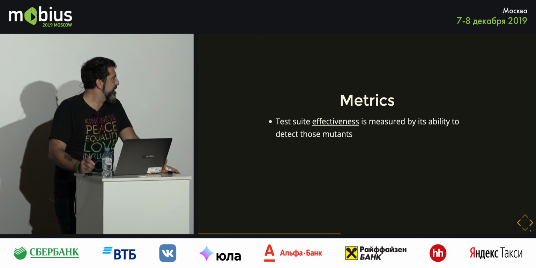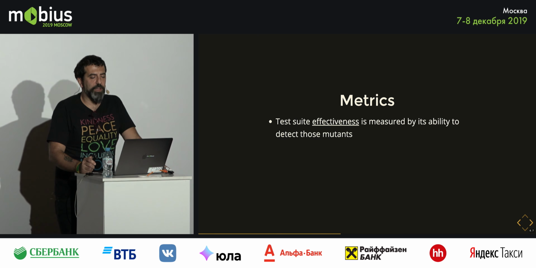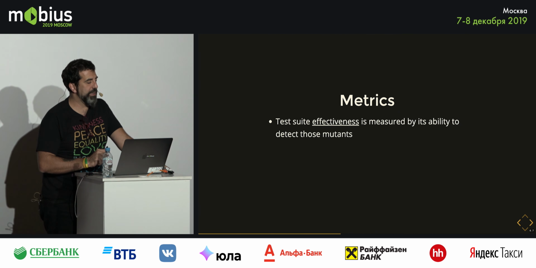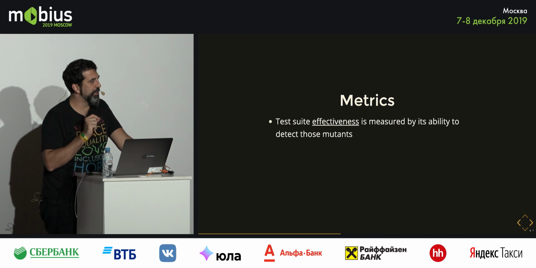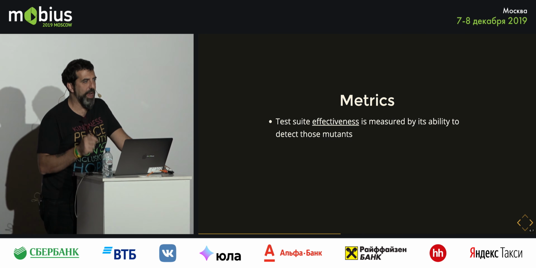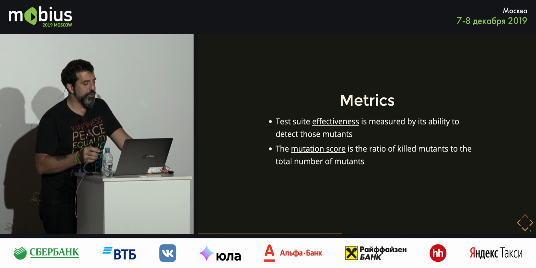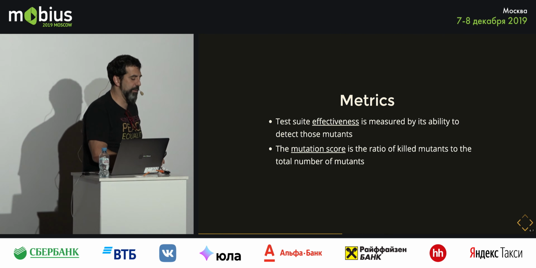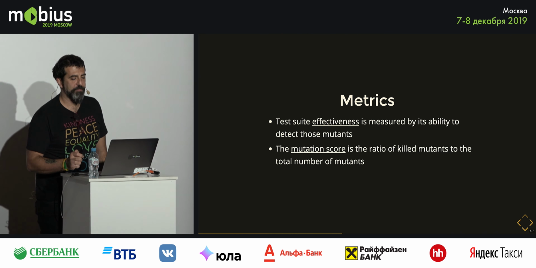All these metrics give you the opportunity to measure the effectiveness of your test suite, because effectiveness is the ability to detect the mutants and no longer how many lines of code you are covering. The mutation score is the ratio of killed mutants to the total number of mutants.